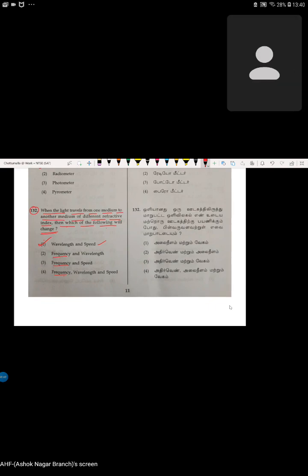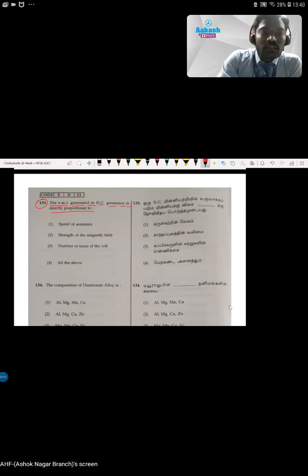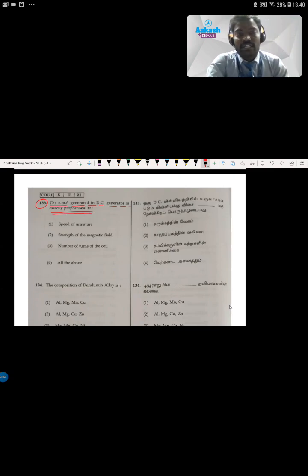Yes, sir. Right. Next, question number 133. The EMF generated in DC generator is directly proportional to. To answer this question, you already know Faraday's laws. One of Faraday's laws says the induced EMF is directly proportional to the rate of change of magnetic flux. Magnetic flux can be changed in different ways.